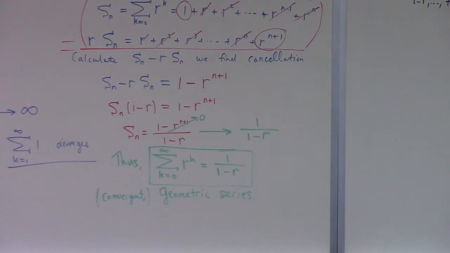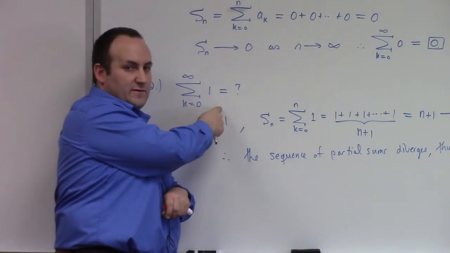What would be an example of a divergent geometric series? Well, I suppose I already did one of them here, kind of a stupid case. Here's r equals to 1: 1 plus 1 plus 1 plus 1 plus 1 plus 1 plus 1 plus 1. In other words, 1 plus 1 squared plus 1 cubed plus 1 to the 4th plus 1 to the 5th plus 1 to the 6th plus 1 to the 7th plus 1 to the 8th and so forth and so on, right?